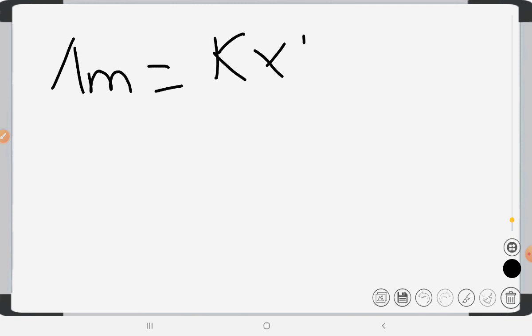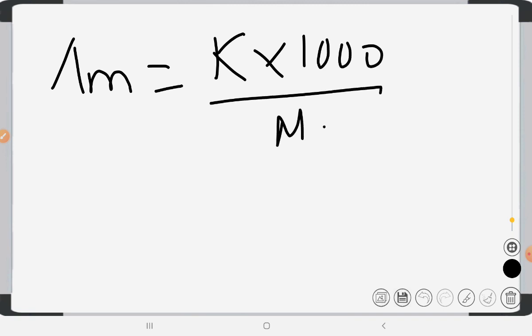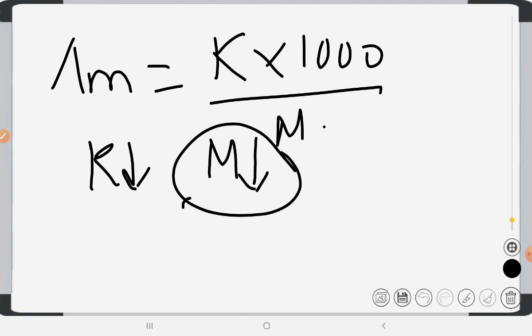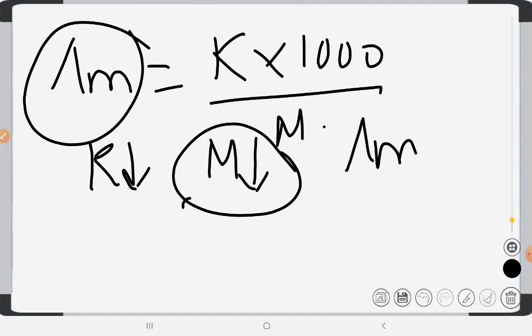You can also write down that lambda m is equal to K into 1000 divided by m. With dilution, K decreases and m also decreases, but m decreasing is more predominant, and that's why lambda m ultimately increases with dilution. In case of strong electrolyte, what will happen?